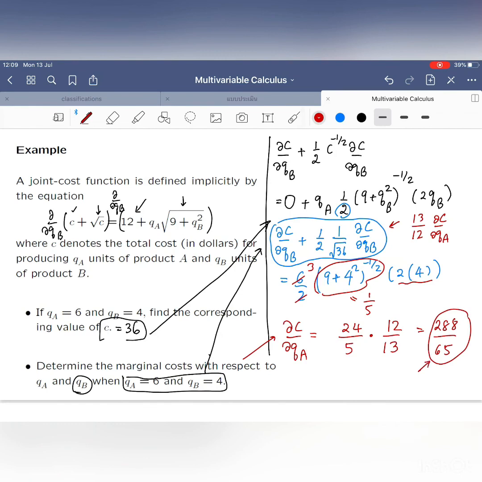We also encourage you to give the interpretation of this number. What is it? Of course again, the cost function is going up again, but under what circumstance is it going up by this many dollars per unit?